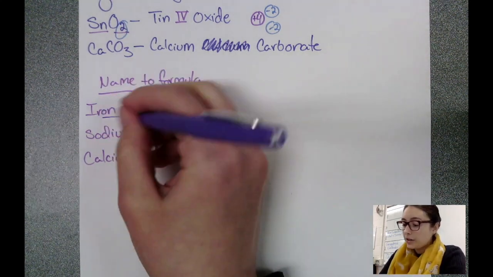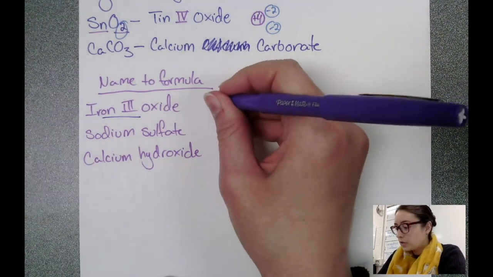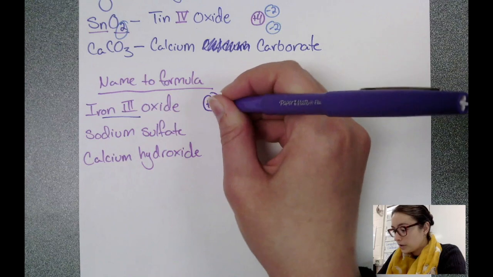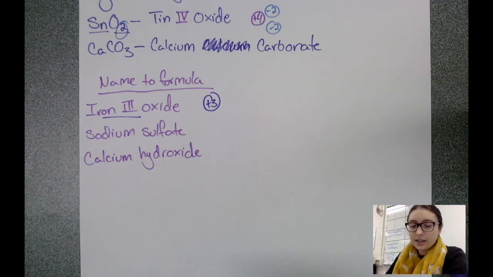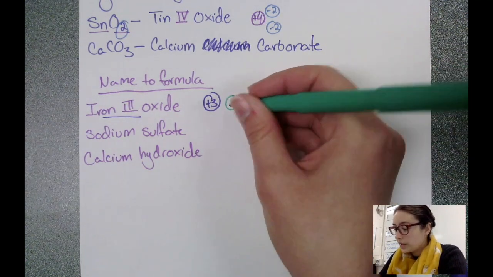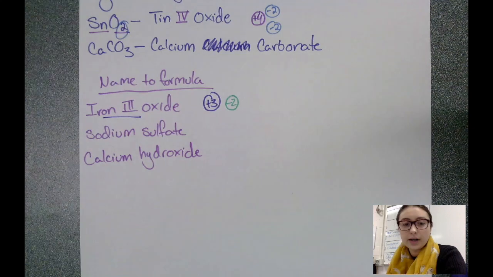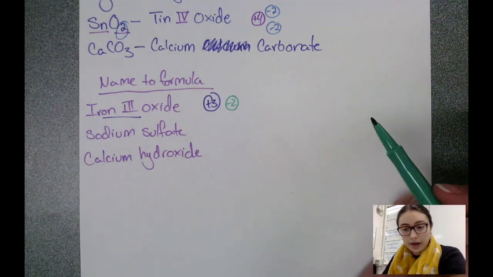So iron(III), remember that Roman numeral is telling us the charge of the metal. So it's telling us my iron is a positive 3. Oxide, again, we looked at before. It's got 6 valence electrons. It's going to form a negative 2 ion. Now this is not a neutral compound.